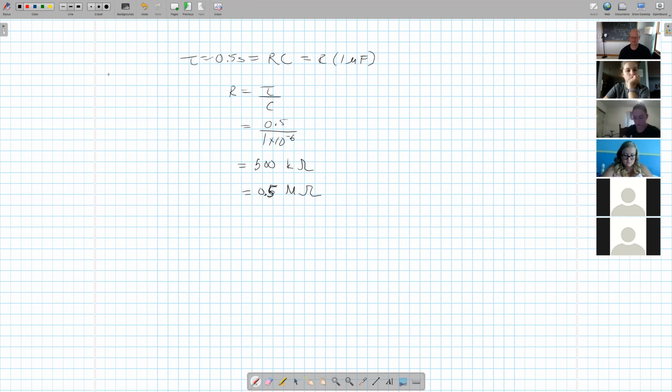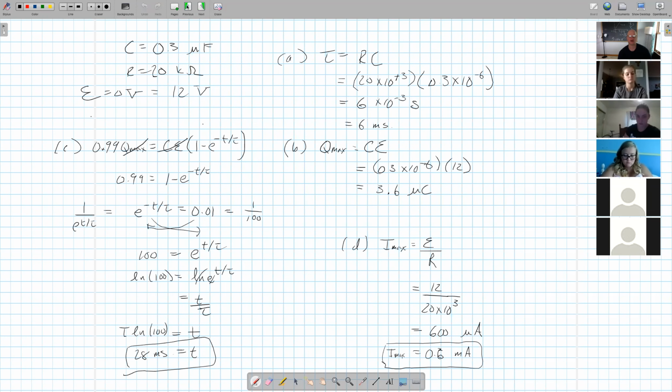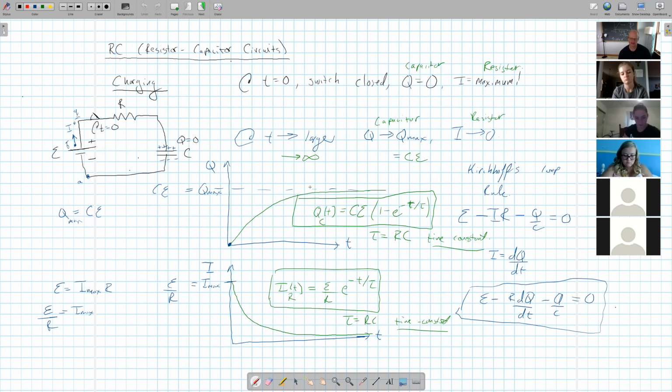And that's about as much as I'm going to talk about RC circuits. So again, with RC circuits, it depends on what is happening. If it's being charged, then you use this set of equations. Here, this is the charge on the capacitor as a function of time when it's being charged.